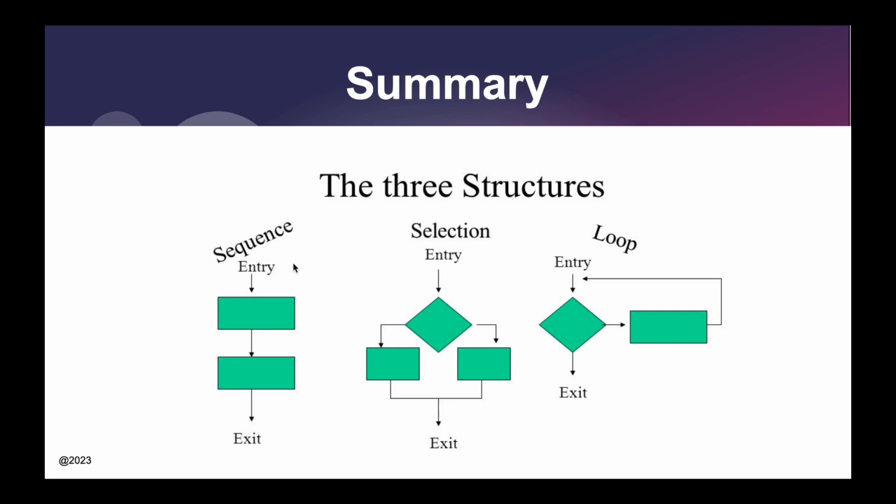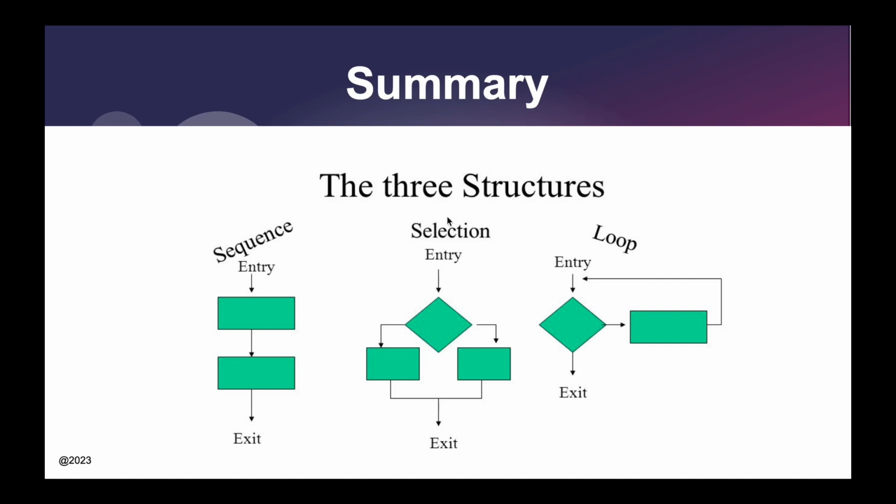We say sequence is a series of steps, or a series of actions that is performed in a specific order. So it means that the first action has to be performed before you move on to the next action, and so all the actions in the sequence are catered for.